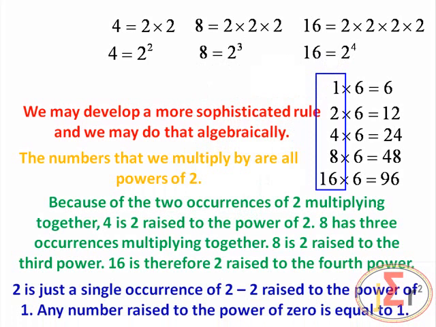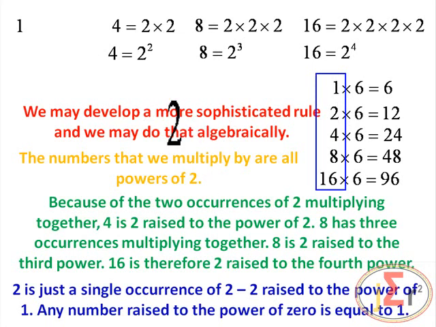2 is just a single occurrence of 2. It's just 2, 2 raised to the power of 1. Any number raised to the power of 0 is equal to 1. So right there we will put the other powers. The power of 2 that gives 2 is 2 to the power of 1.